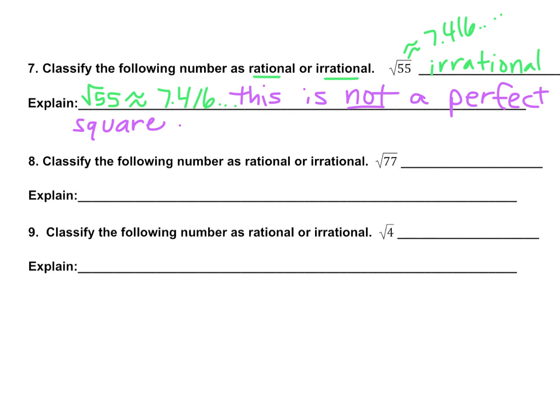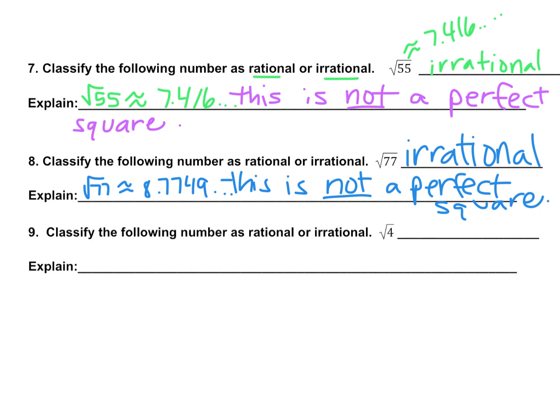Okay, the square root of 77. Okay, so when I put that in, the square root of 77 is approximately 8.7749, so you could see again, this one is going to be kind of crazy. We call it irrational. So it's not a perfect square. Okay, so the same reason there, it's not a perfect square.